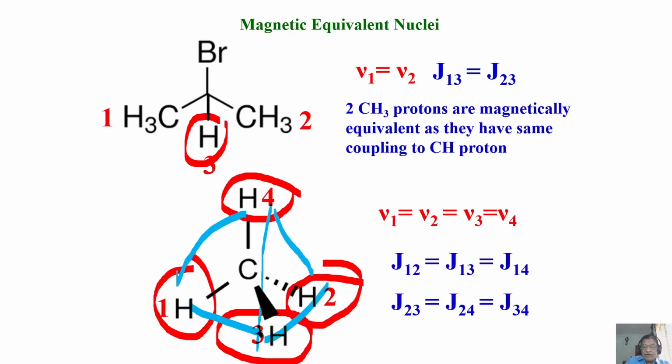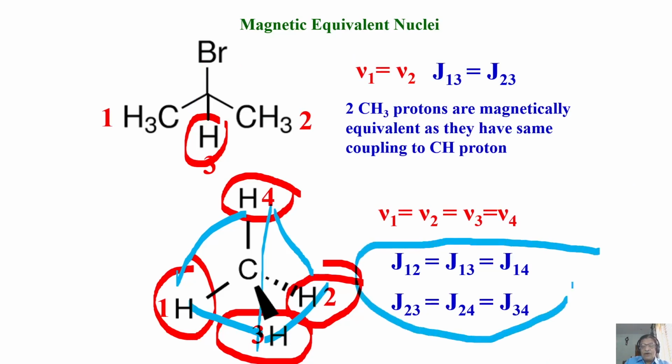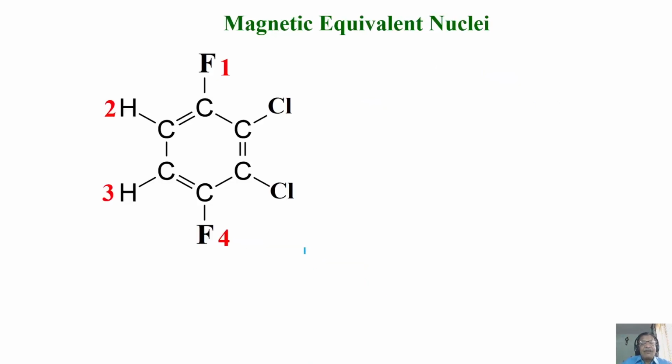J12 is equal to J13 is equal to J14 equal to J23 equal to J24 is equal to J34. All 6 couplings are equivalent. What does it mean? For any proton, coupling to the remaining 3 protons is the same. For 1, 1-4, 1-2, 1-3 is the same. For 4, 4-1, 4-3, 4-2 is the same. Like that, all couplings are the same and all chemical shifts are the same. So methane is an example of a perfectly magnetically equivalent system. All 4 protons here are magnetically equivalent.